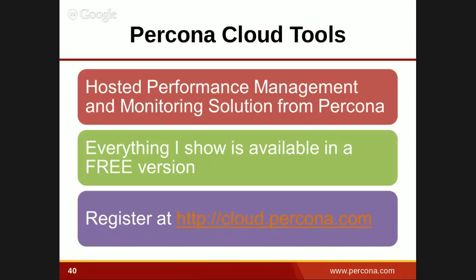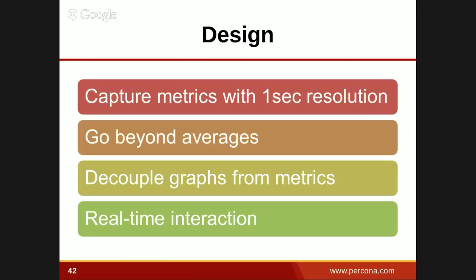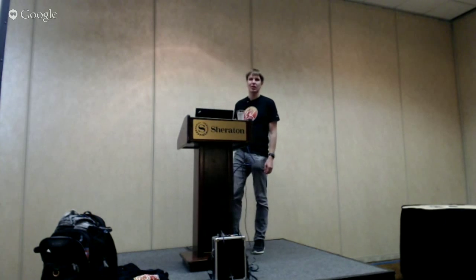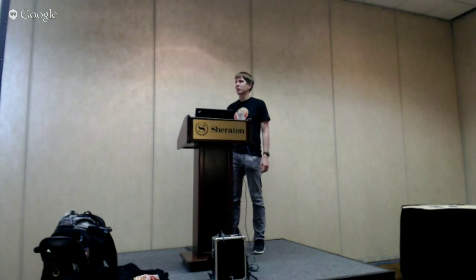What you have here with Percona Cloud Tools is a hosted solution, so you can analyze query performance over time. We gather information from queries from various servers, and operating system metrics, as well as configuration, and plot it over time. We capture with 1 second resolution, so it becomes pretty helpful, and you can go beyond just measuring averages, which I mentioned may not be a good idea.